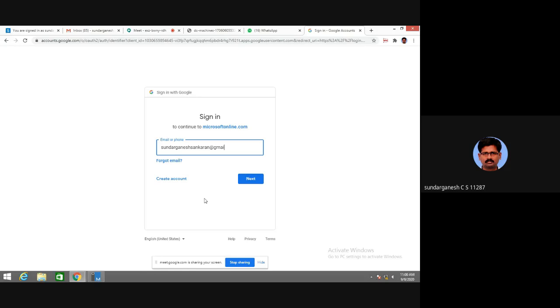After creating the account, you go through the sign in. I am signing in through Google. Otherwise you can sign in using username and password. Either method you can do. I have forgotten the password, so I sign in using Google.